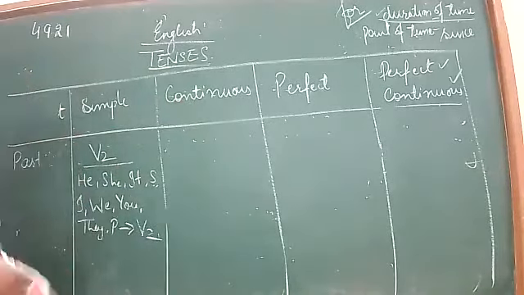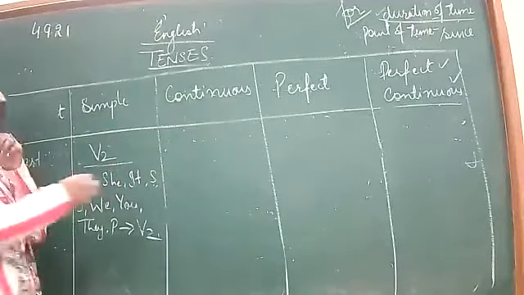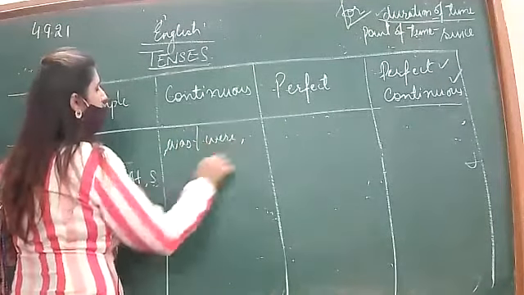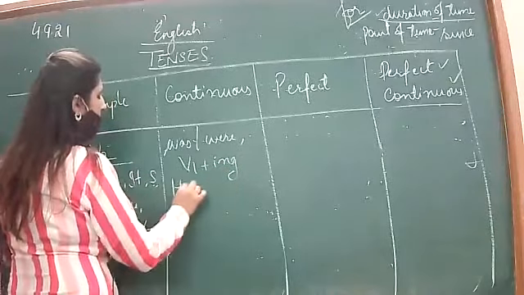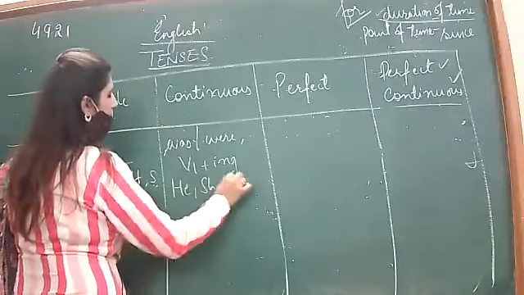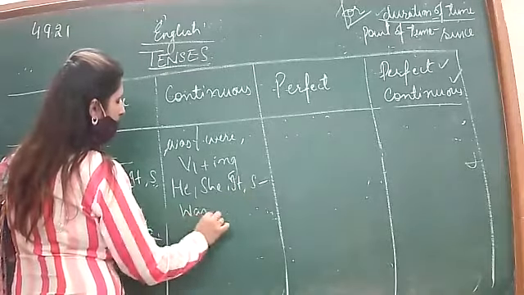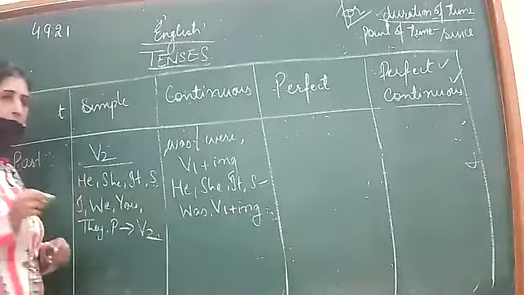Okay. So as in present continuous, we are using is, am, are. Here we are using was, were, first form of verb plus ing. And with singulars, he, she, it, and singular, we are using was, verb first form plus ing.